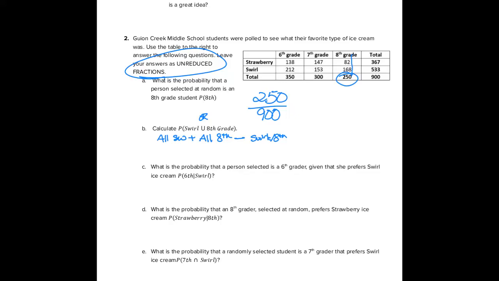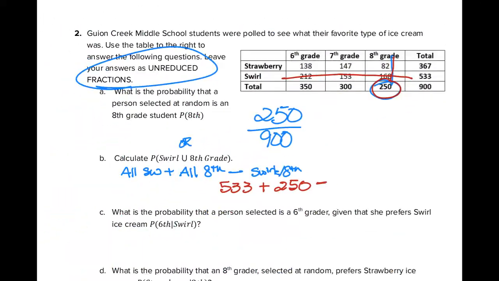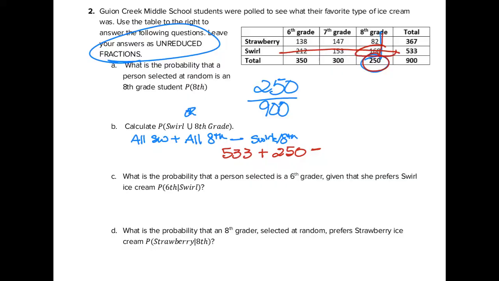So swirl, all of them, 533, plus all the 8th graders, 250, minus, look where they intersect, and try to read that number. What is that, 168? Right here. That's what's common, 168. This is all over 900.